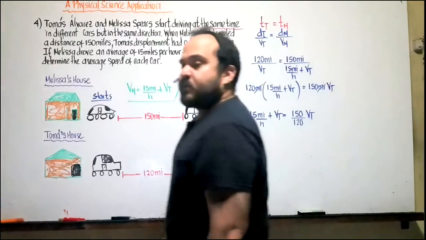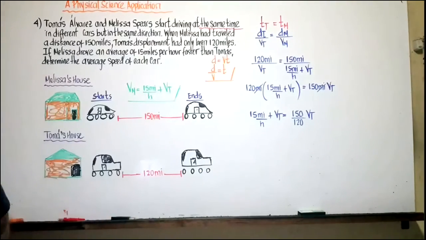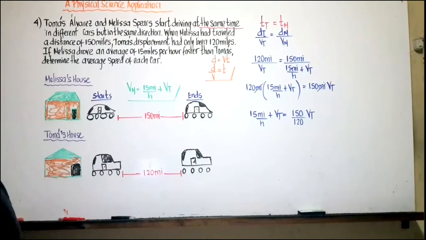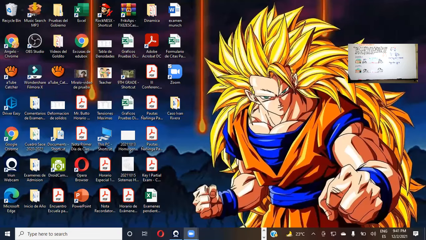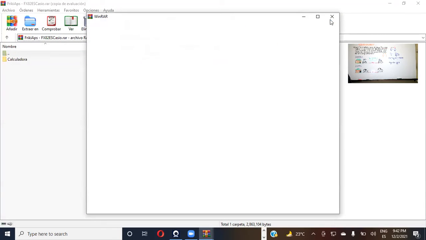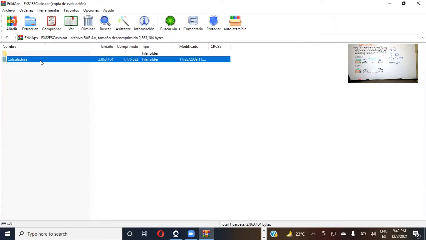How can we proceed in this situation? Let me share the screen, and let me show you how you're supposed to proceed to solve this problem using the calculator. For example, this is the Pricky app, not the scientific calculator.